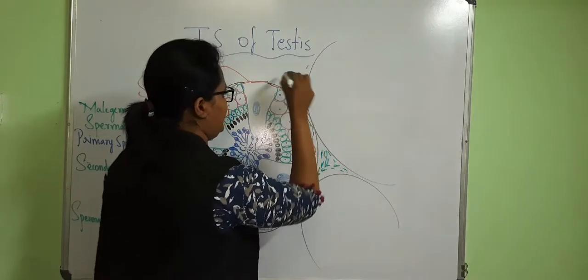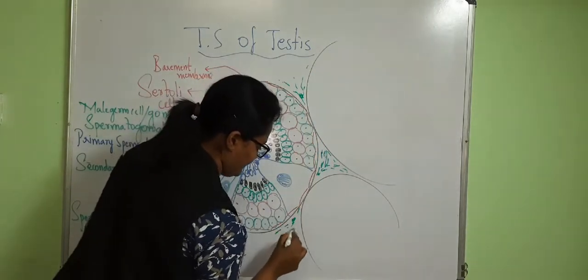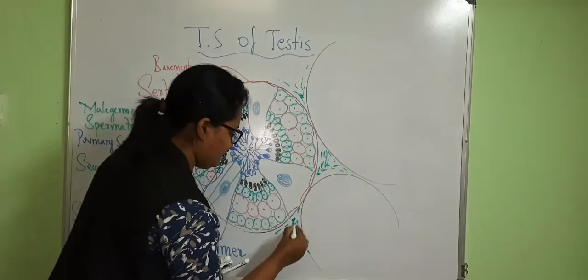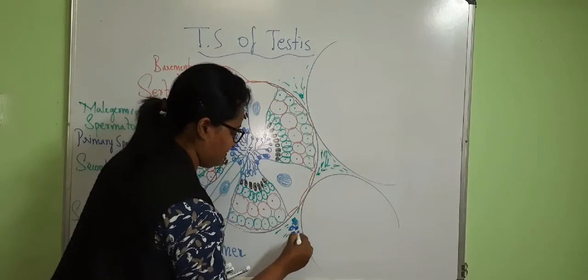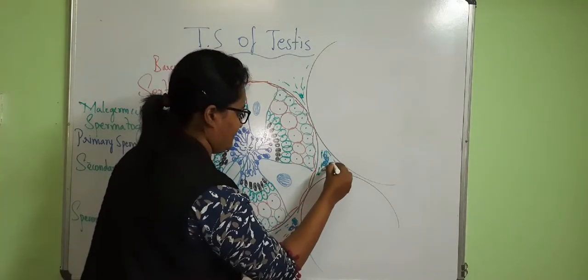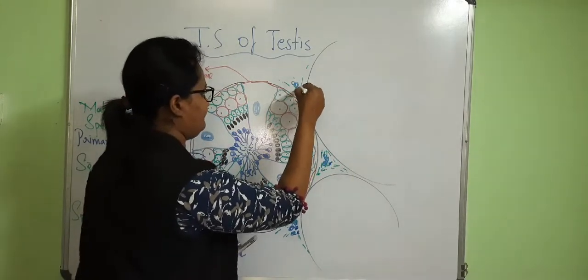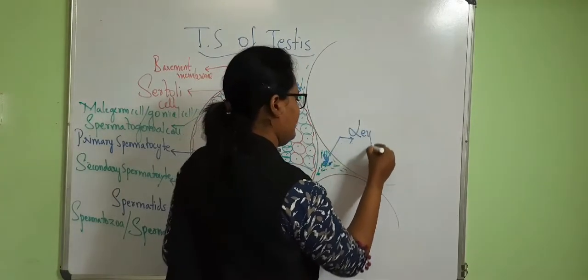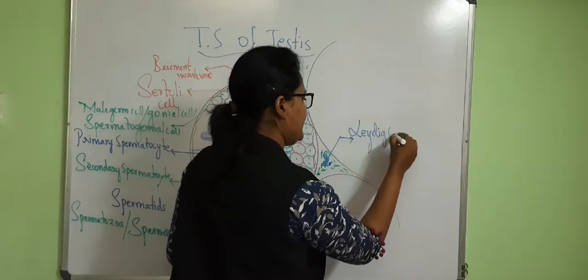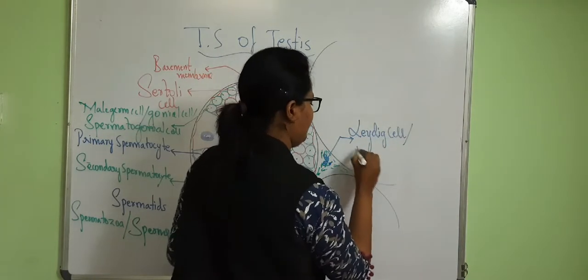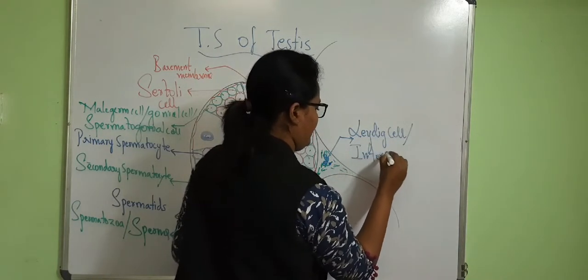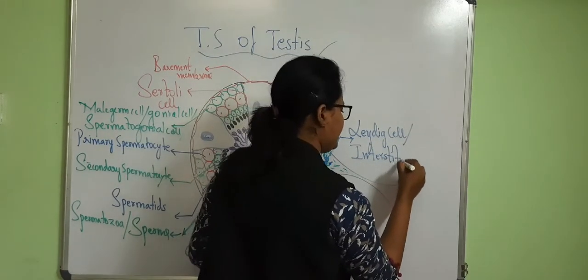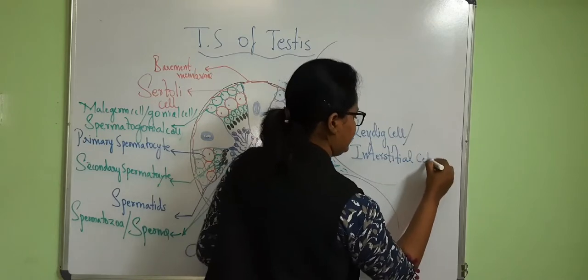Within this interstitial space there are some cells. These cells are called Leydig cell or interstitial cell.